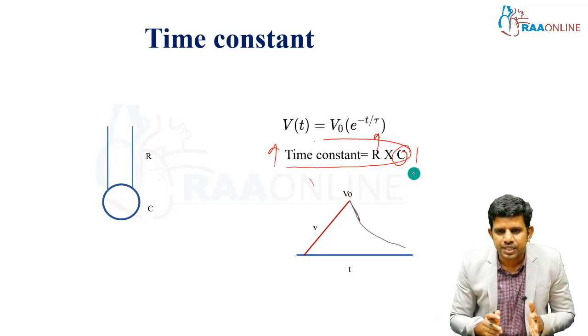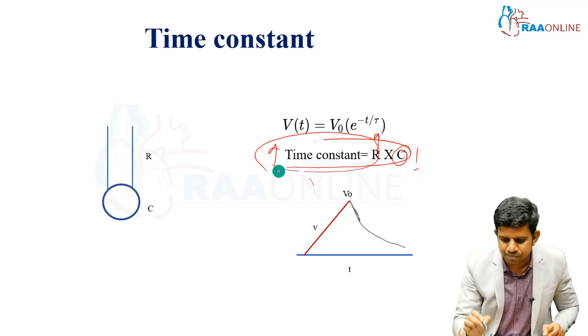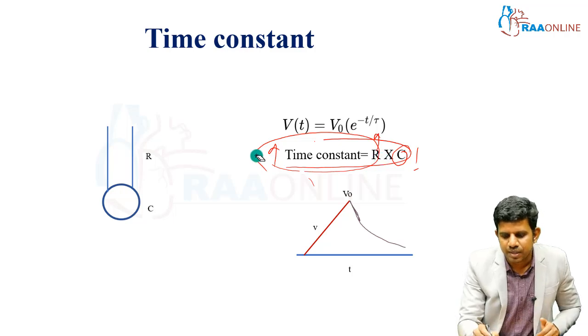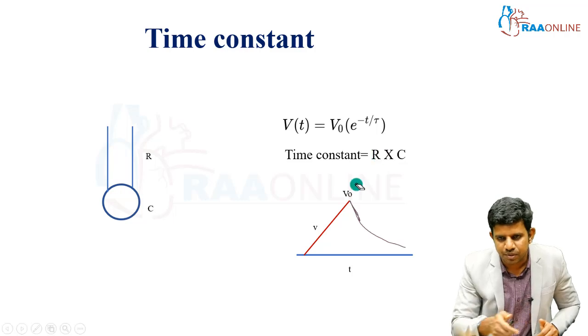So if we see an increased time constant, it means increased resistance. Normally resistance won't decrease; in all pathological conditions, resistance will increase, not decrease. What about compliance, for example in ARDS? My compliance will decrease.